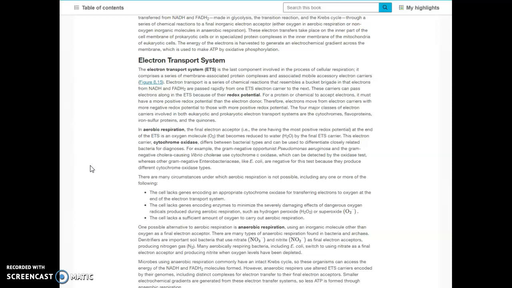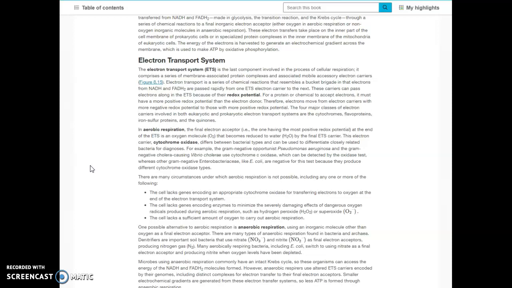So aerobic is preferable, but sometimes aerobic can't happen. They don't have the appropriate electron carrier at the end called cytochrome oxidase. They don't have catalase, which can break down hydrogen peroxide, which can be dangerous to the cells, or there's just not enough oxygen.